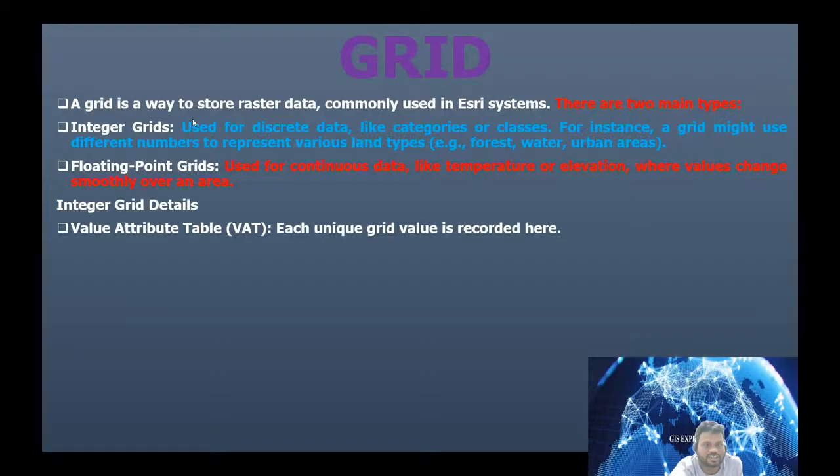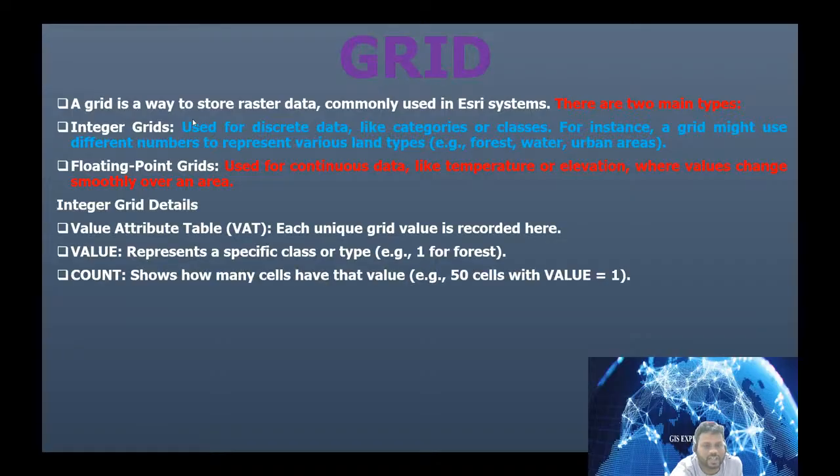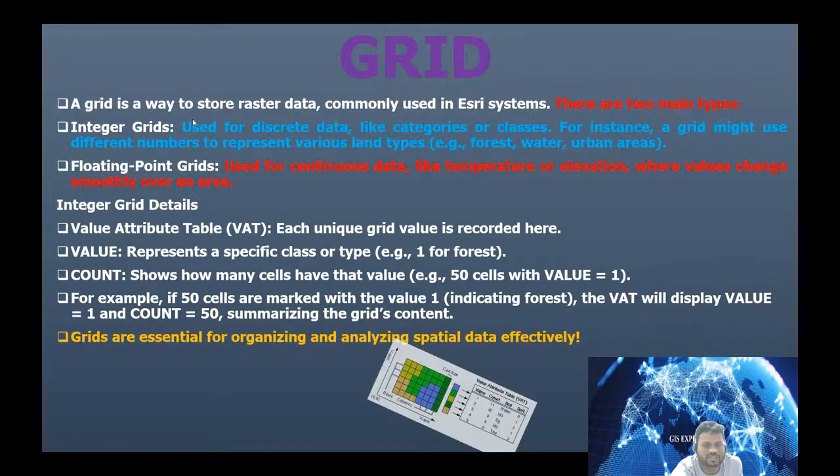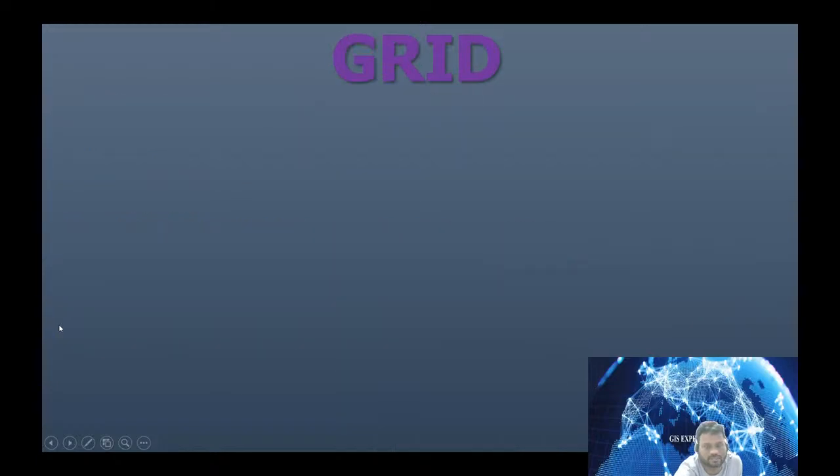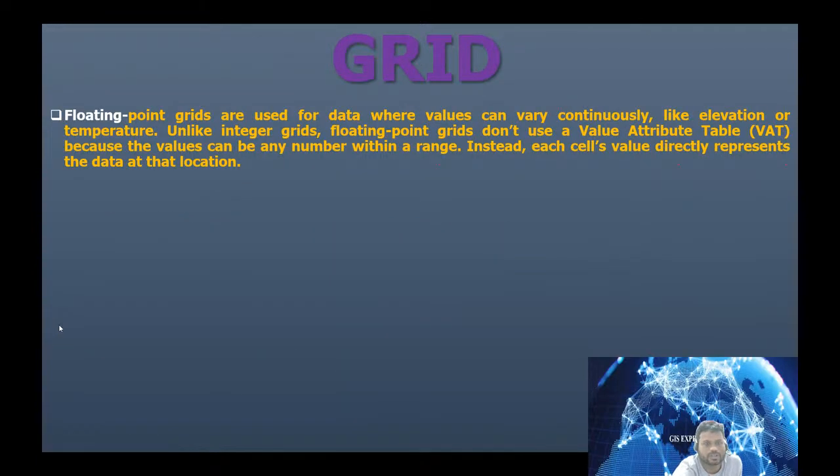An integer grid has a value attribute table, VAT, and value. I'm skipping these things because this is a part of the practical. So grids are essential for analyzing spatial data effectively. Floating point grids are used for data where values can vary continuously, like elevation or temperature.